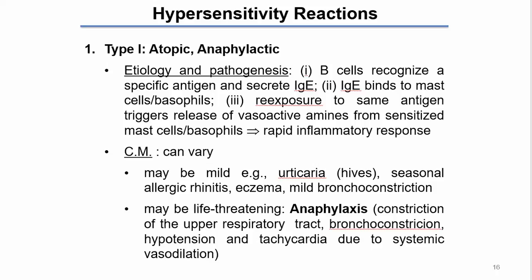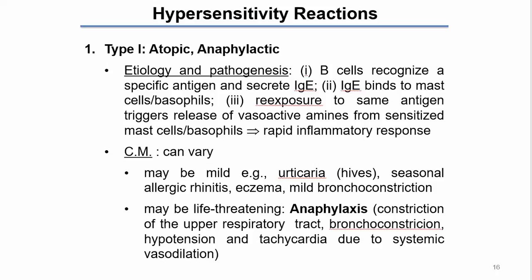Now, this is probably a good thing with a pathogenic antigen. But when it's an innocuous antigen, like for instance proteins in peanuts, it can be detrimental.